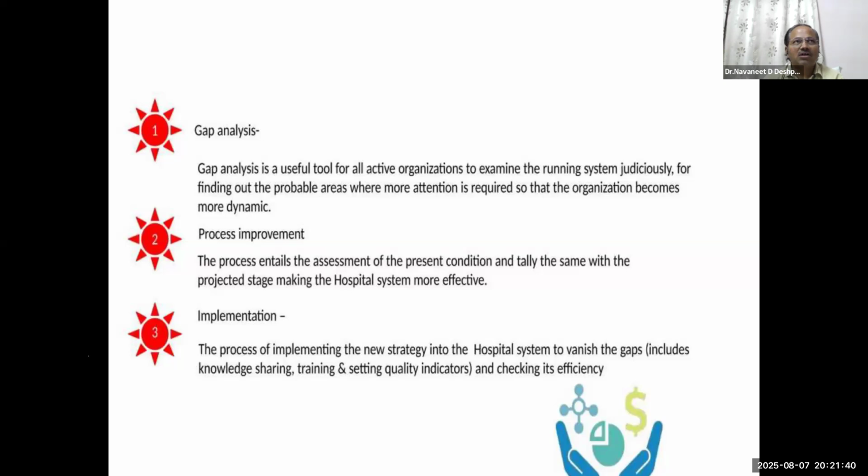All the managers or employers assume that the people who have completed this course will naturally and invariably know. So training is one area which again requires serious attention. Next is setting quality indicators and checking their efficiency. Implementation is where it matters the most. So: gap analysis, process improvements, and implementation.